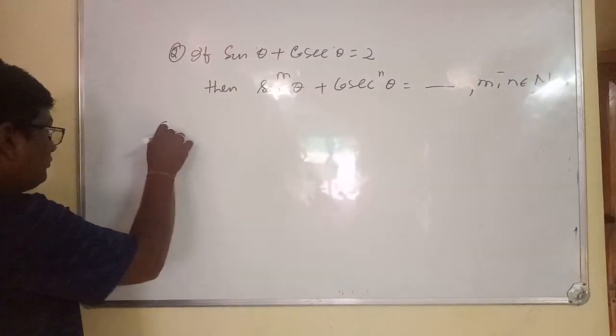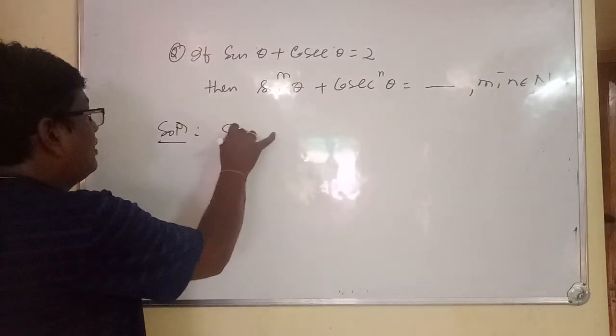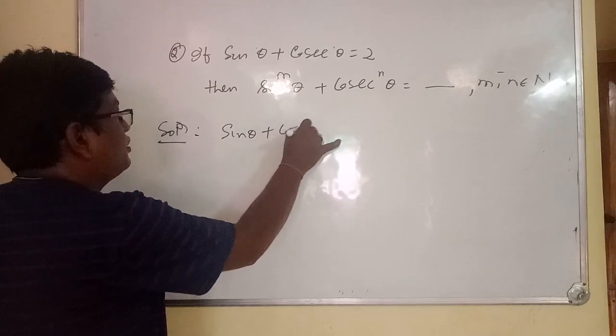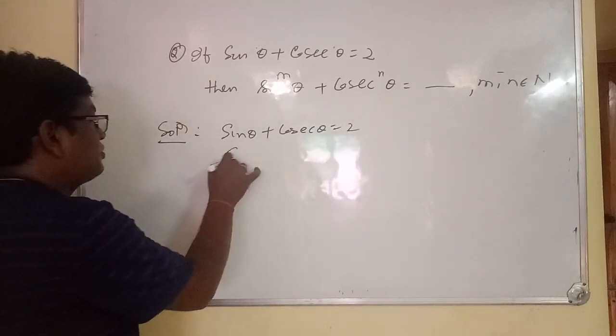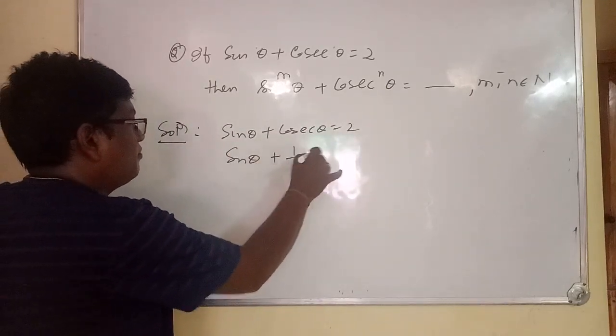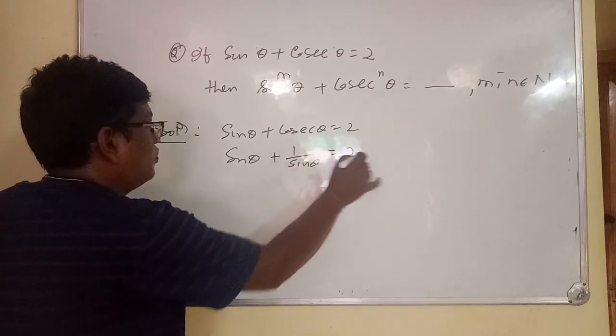Solution: sin theta plus cosec theta is equal to 2. Sin theta plus 1 by sin theta is equal to 2.